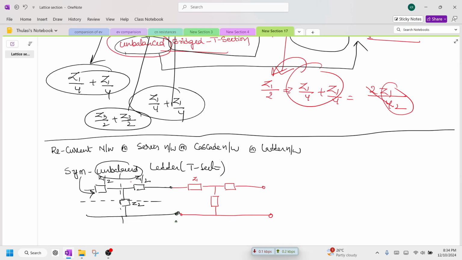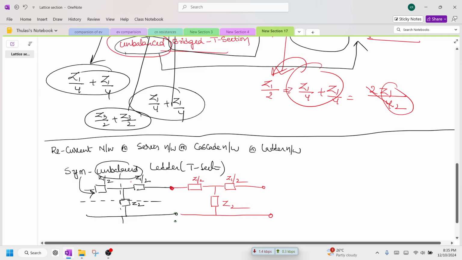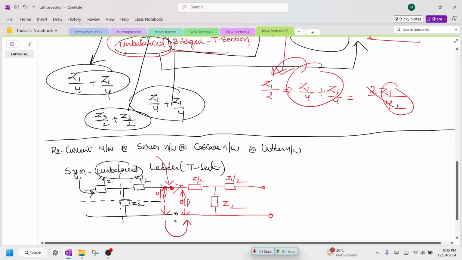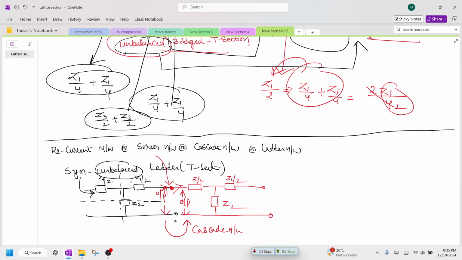So this is Z1 by 2, this is also Z1 by 2, this is Z2, and therefore you can see these are connected in series, therefore this is called a series network. So cascade means this is the output port of one network, this is the input port of another network, the output is connected to input, therefore we can call these kinds of networks cascade networks, or you can call them a ladder network.